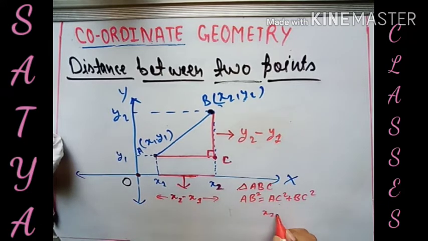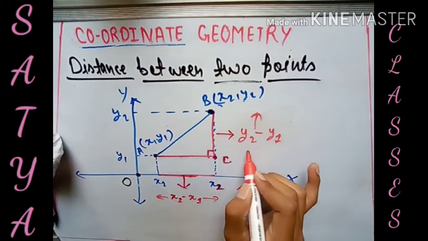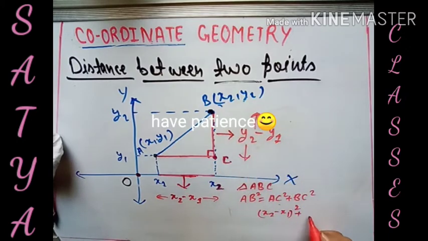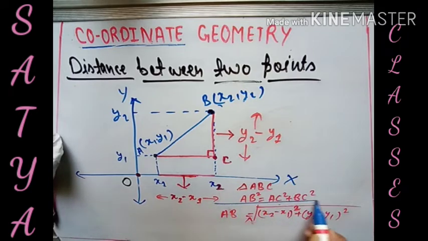So put it x2 minus x1 whole square plus, what about BC? BC is what? y2 minus y1. This distance is y2 minus y1. y2 minus y1 square. Again taking the root of both sides, so there will be root and it becomes AB. This is the required formula for finding the distance of 2 points.